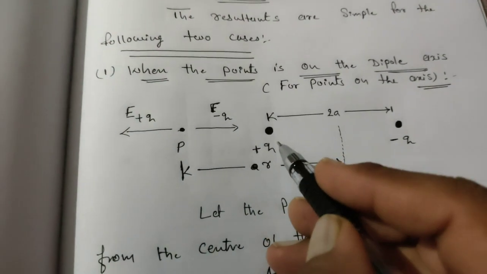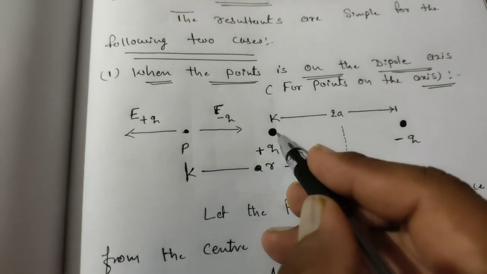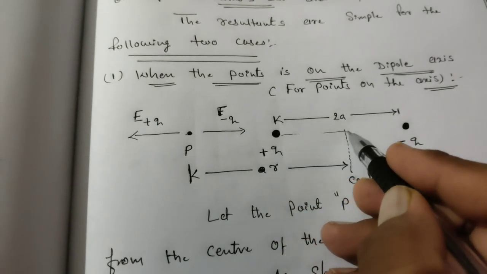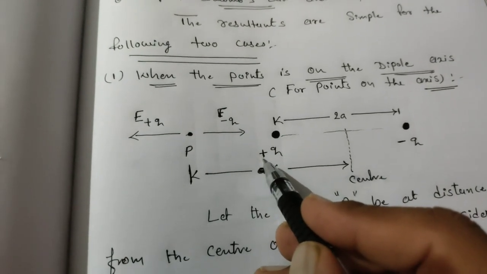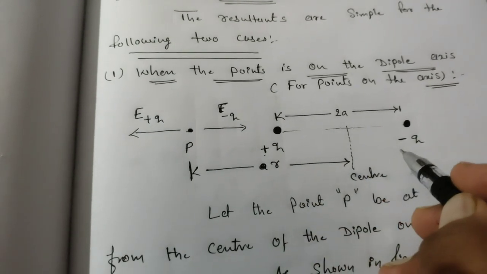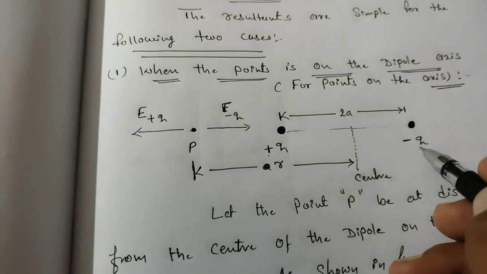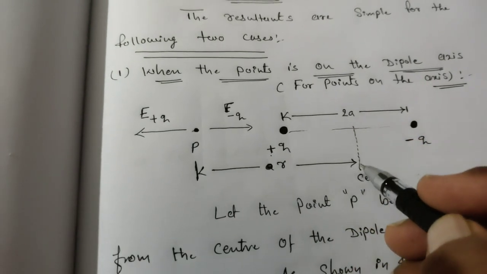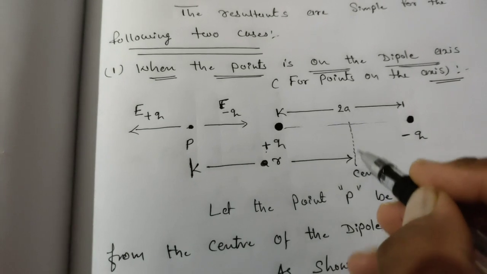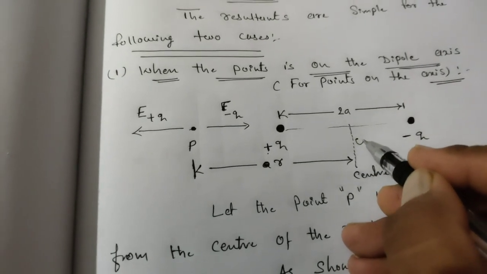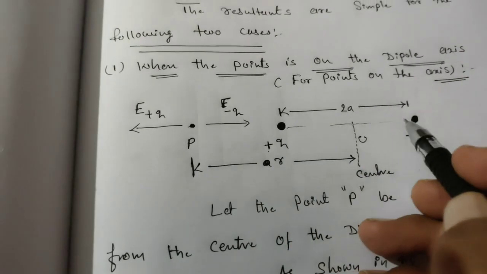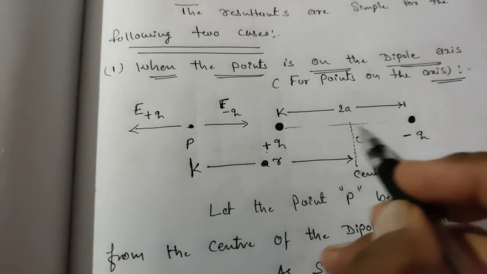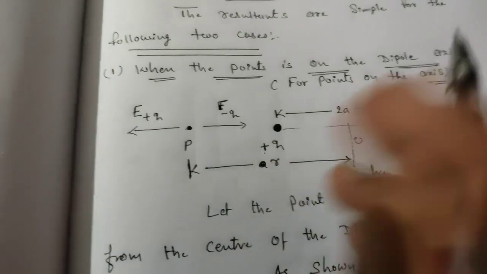See over here, I arranged one dipole. You can see in the diagram, I put a plus q charge particle over here and a minus q charge particle over here. Somewhere we have a center, which we can consider as the origin. As per definition, the distance between the two charged particles is 2a.